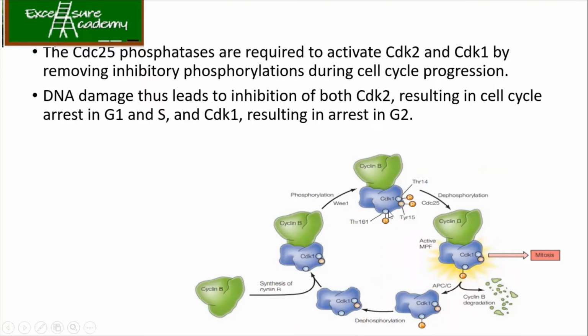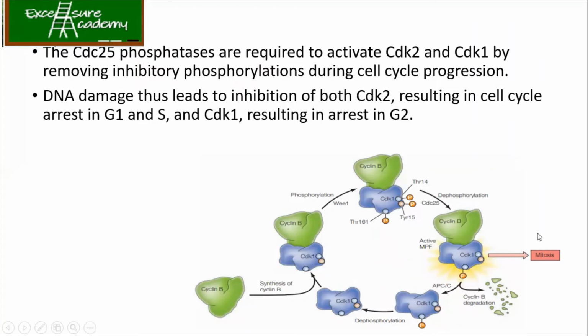It gets phosphorylated with the help of Wee1, another protein kinase, at threonine 161, threonine 14, and tyrosine 15. Now what does CDC25 do? It removes these two phosphates and hence makes this complex active, which will go into the mitosis and results in the cell division.